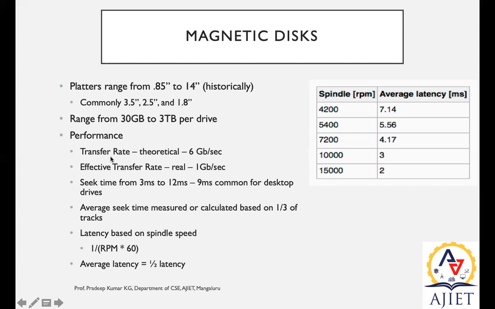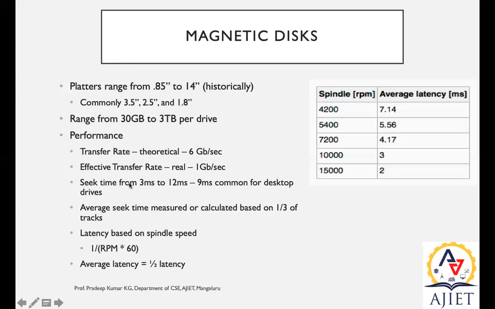Transfer rate is nothing but the rate at which data flows between the disk drive and the computer, the time taken to copy data to the disk from the computer or the other way. Theoretically it is 6 GB per second, but realistically, an effective transfer rate may be around 1 GB per second.